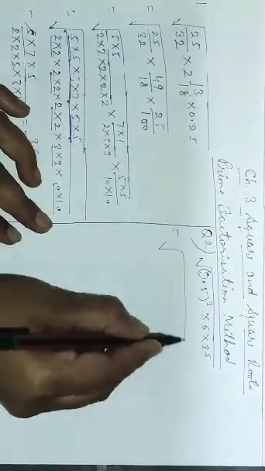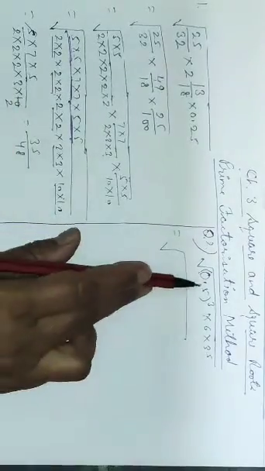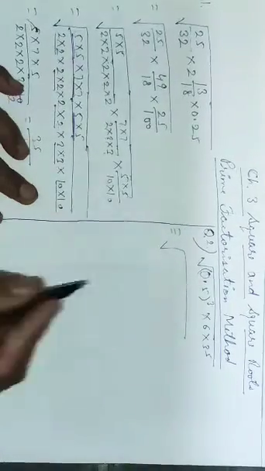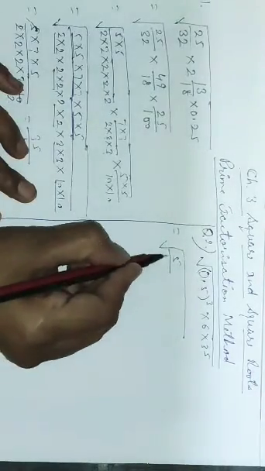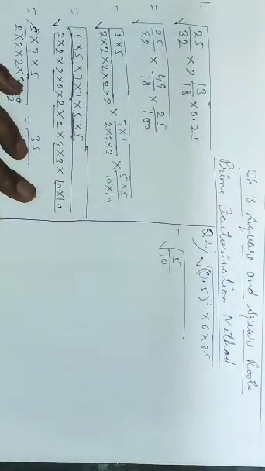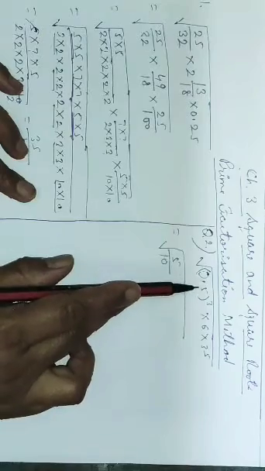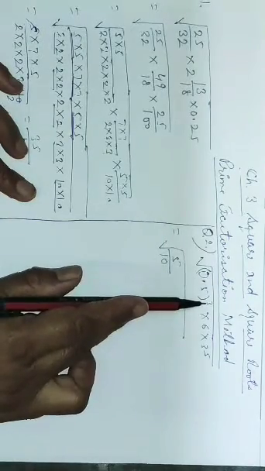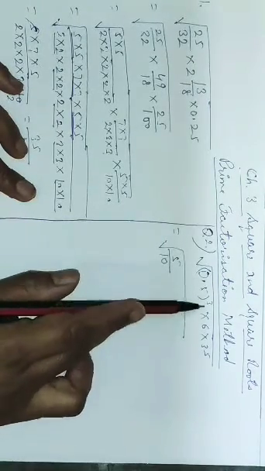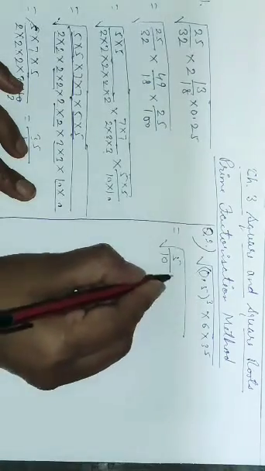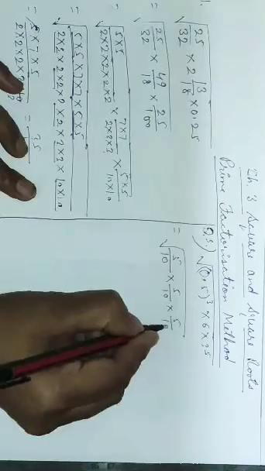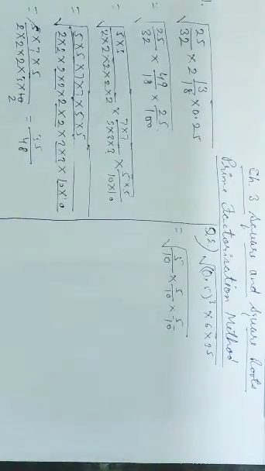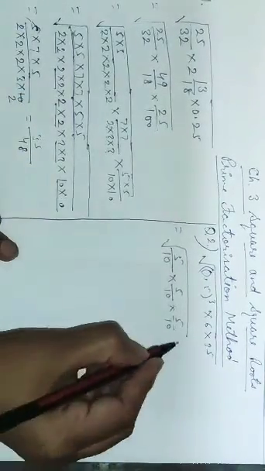For such problems, again we have a decimal number, so I will remove the decimal. 5. After the decimal we have one digit, so it will be 5 by 10. But see, here we have 0.5 cubed. Raised to the power 3 is called cube. Cube means I have to multiply this number 3 times. So I am writing it 3 times: 5 by 10 into 5 by 10 into 5 by 10.